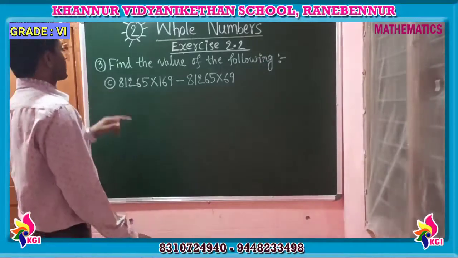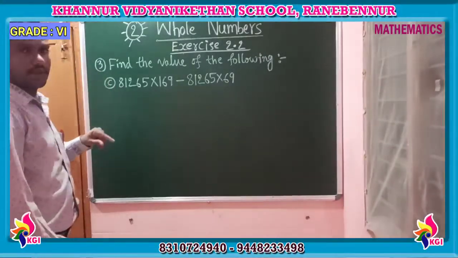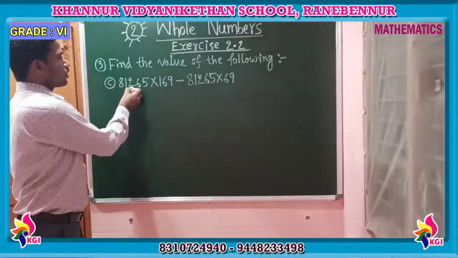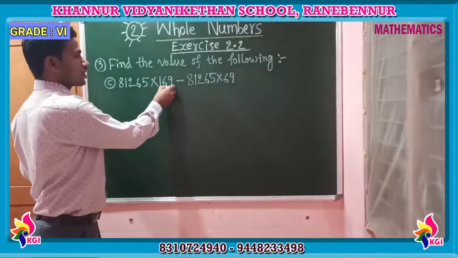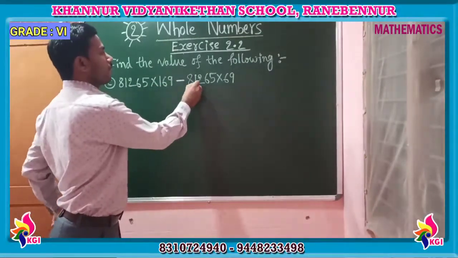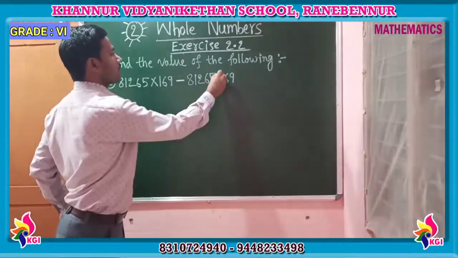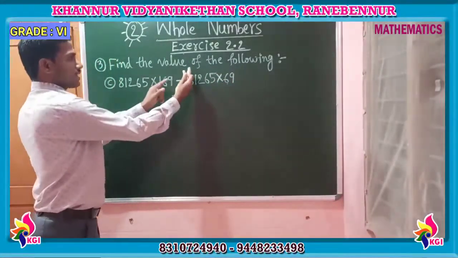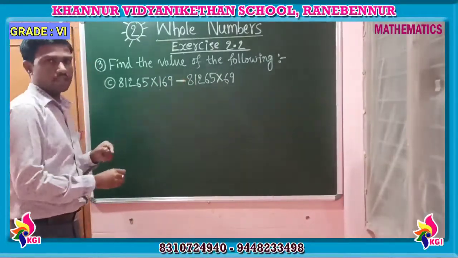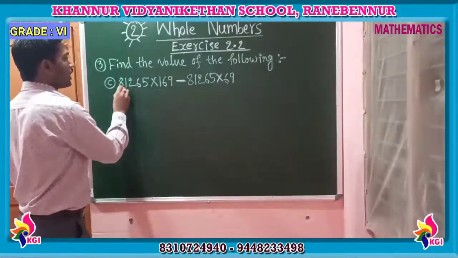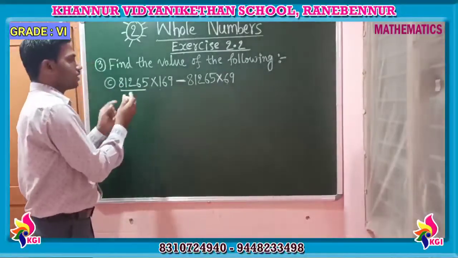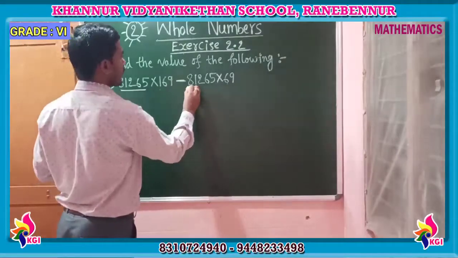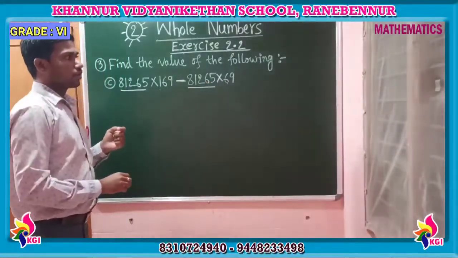Yes children, this is your C question in the third main. First of all you can read this question. 81,265 is multiplied by 169 minus 81,265 is multiplied by 69. Now here it is subtraction. Minus means subtract. Now in the LHS side, means left side, 81,265 is there, and in the right side also 81,265 is there.